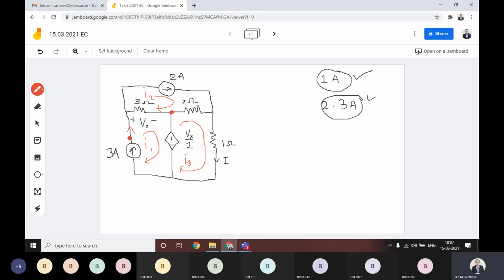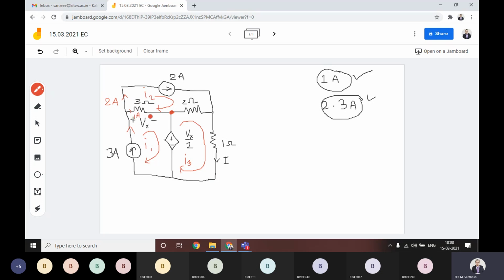Of this 3 amperes, 2 amperes is going this way. Then obviously this side it will go 1 ampere, and that 1 ampere is going this way.